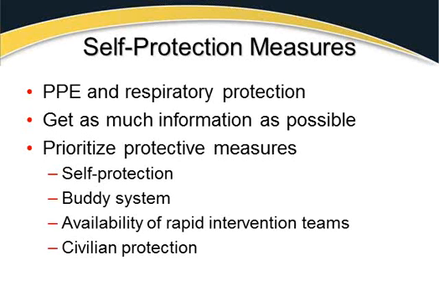PPE and respiratory protection, depending on the type of organism or substance that you're being exposed to. For PPE, minimum of gloves and usually face protection and eye protection, but occasionally we need to take it up further and go with something called a PAPR or even SCBAs.